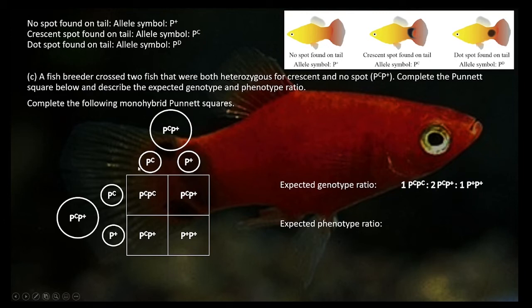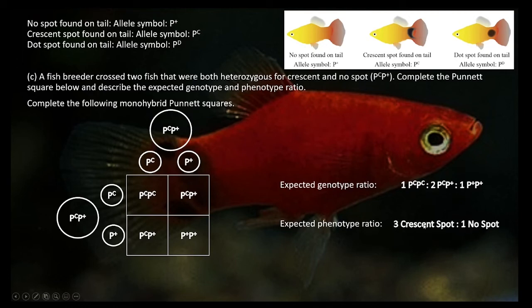Now remember, this is for every fertilization. This is not when you have 4 fish babies that they will follow this pattern. It is per fertilization. And our expected phenotype ratio is, when we just look at the phenotype, crescent, crescent, crescent, and no spot. So that's 1, 2, 3, and 1.